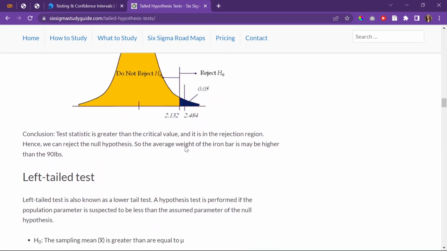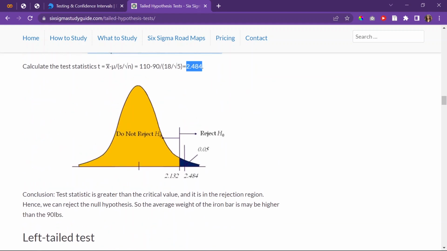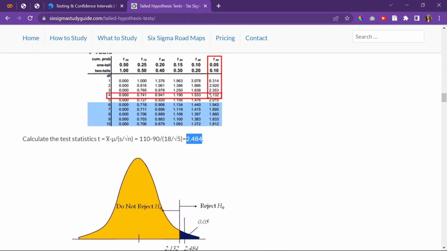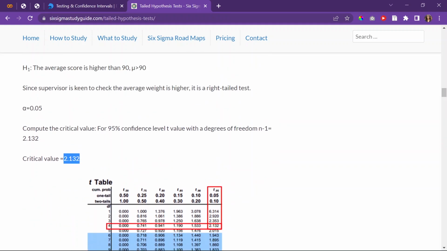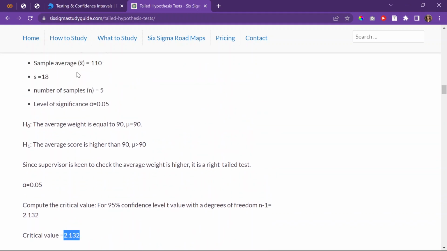So what's our thing? What's our p-value? Is greater than 2.130. Oh my god. But we don't need that.